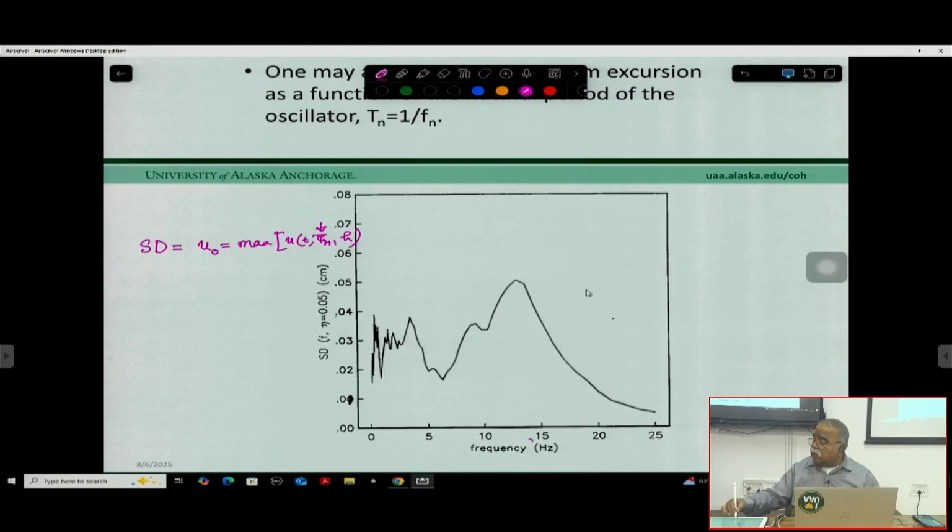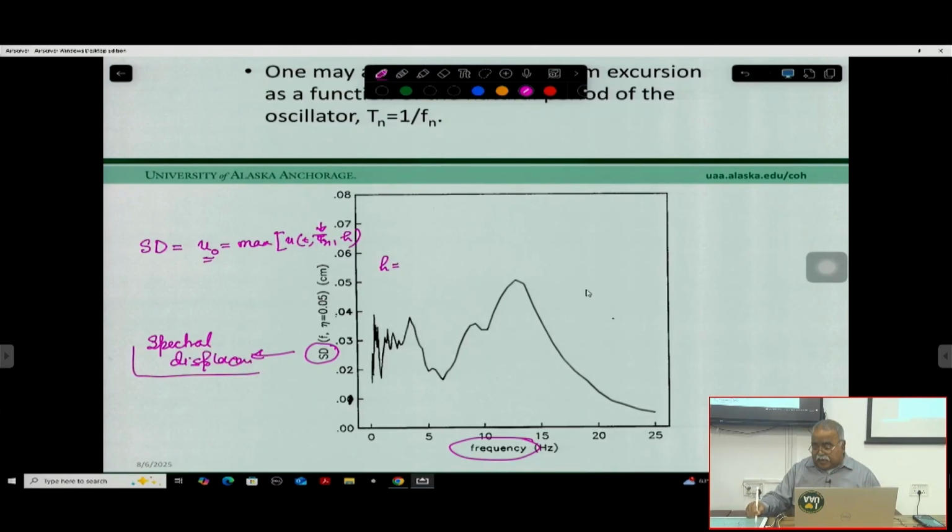So we can plot it with different periods for the same damping. The damping is fixed, and for the same damping we are plotting the U0 value. That is what we call SD, the spectral displacement. This is called spectral displacement.